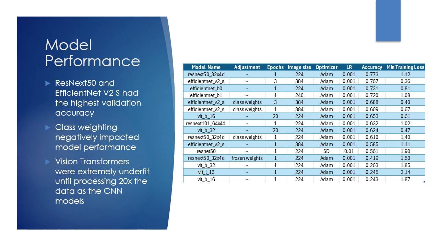You can see EfficientNet V2 had a very low training loss of 0.36. Since it's more efficient, I was able to run more epochs of data through it and use a larger image size without the training time taking much longer. It still took less time to train than one epoch for the ResNext.